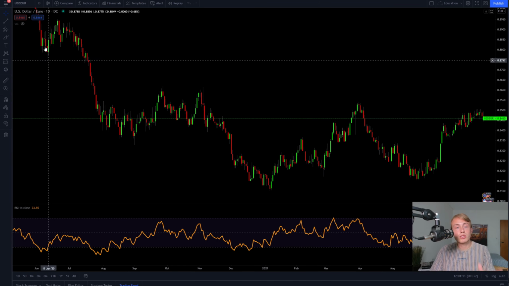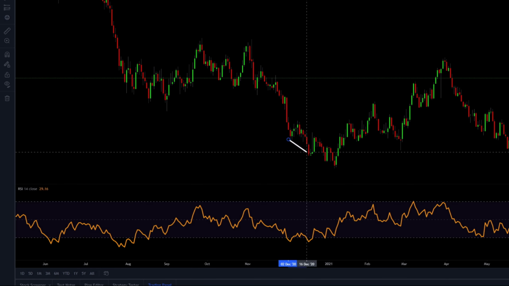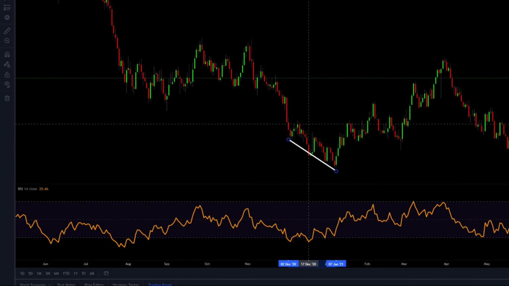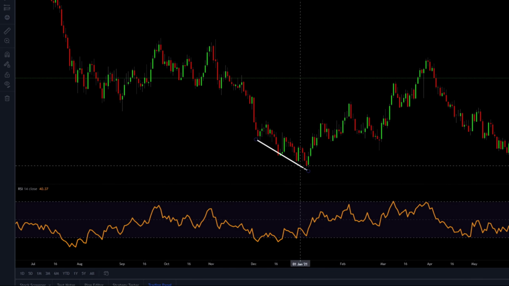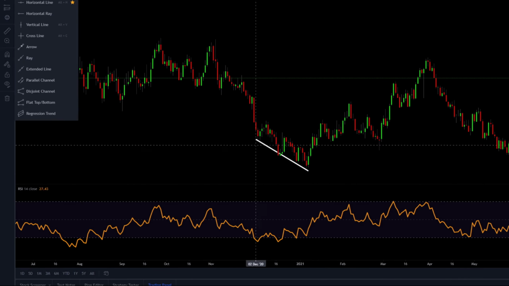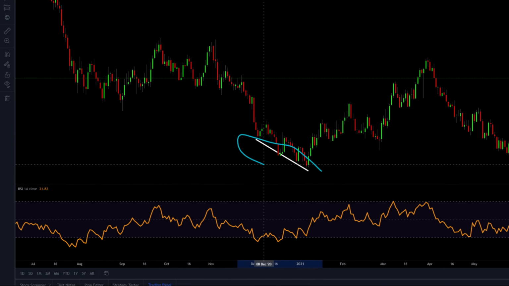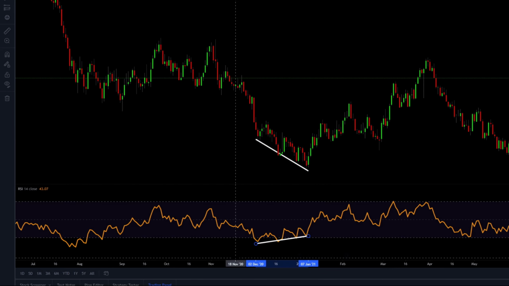Another way to use the RSI is, as I mentioned just recently, something called divergence. Divergence is basically when we have the price going in one direction. For example, here you can see that the price of the USD measured in euro made consecutive lower lows, but at the same time, the RSI made higher lows.